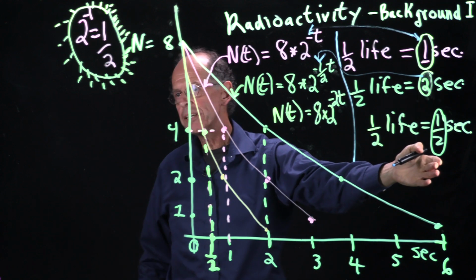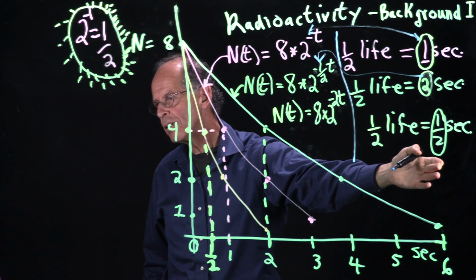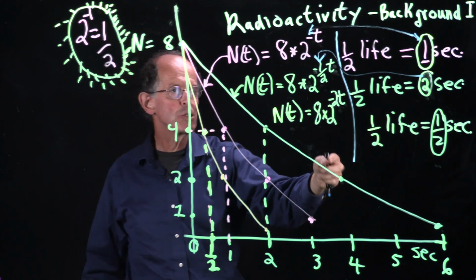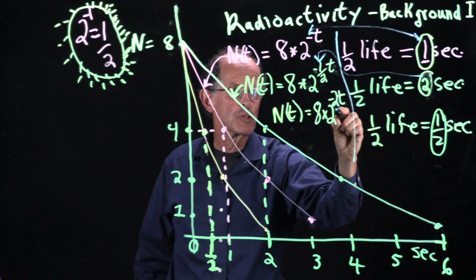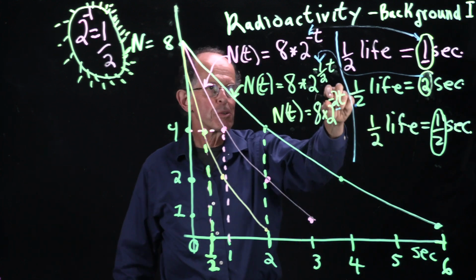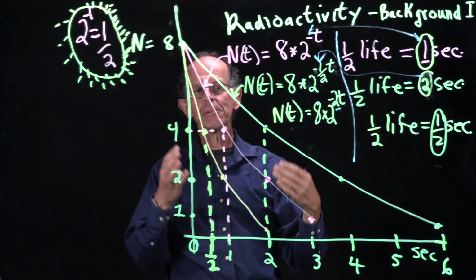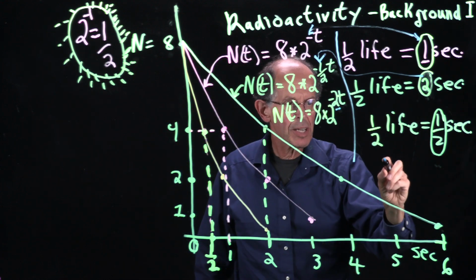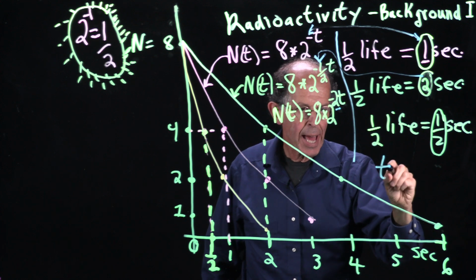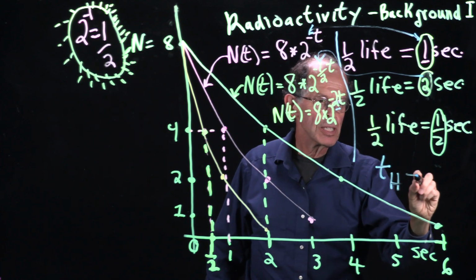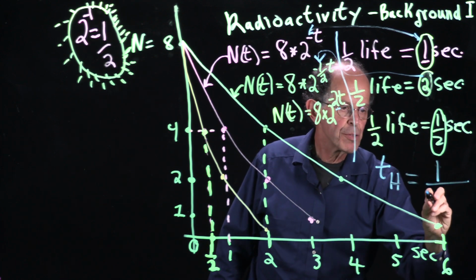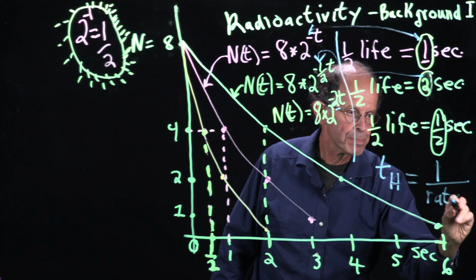The half-life is a half, 1 over a half is 2, and the rate constant is 2. So the rate constant and the half-life are reciprocally related. In this case, we can say that t half is equal to 1 over the rate constant.